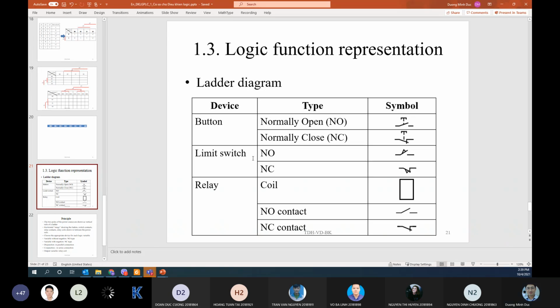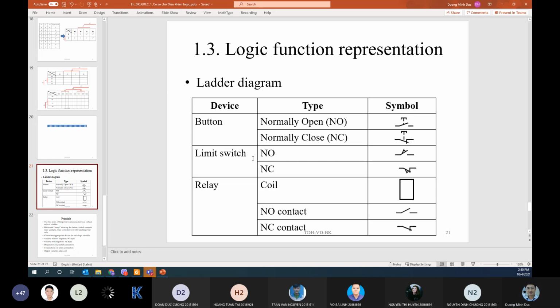When the operator wants to control the system, we use a button. But during the working of the machine, some mechanism moves and touches, and we want to know the position, so we use the limit switch.